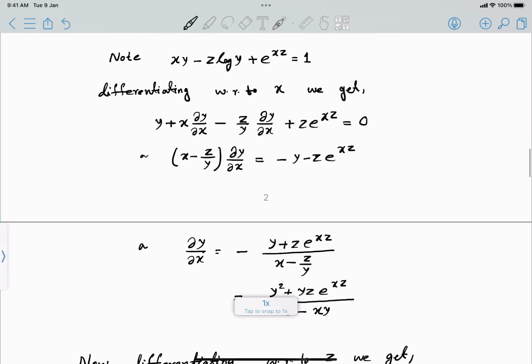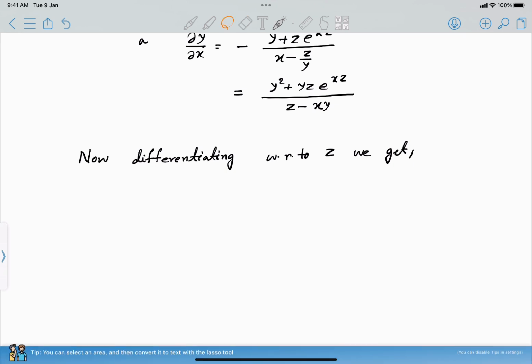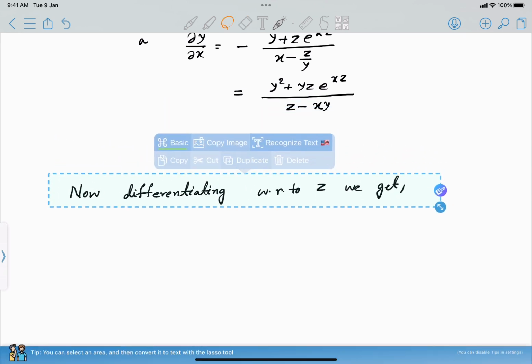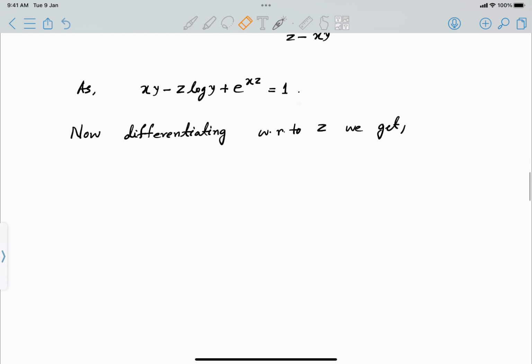Let me write the first equation here: xy minus z log y plus e to the power xz equals 1.